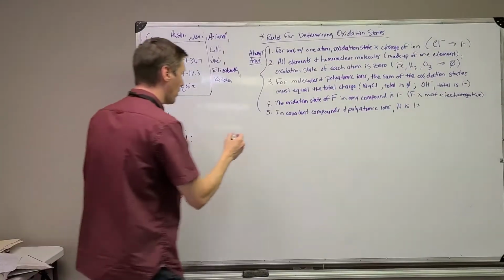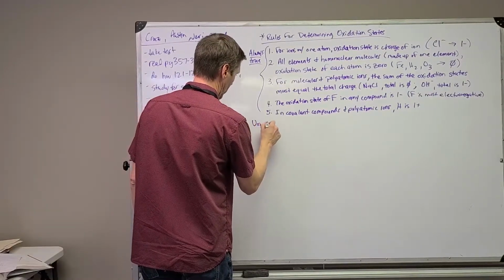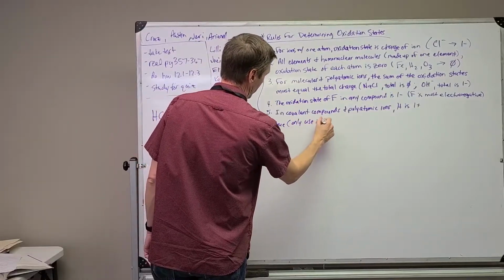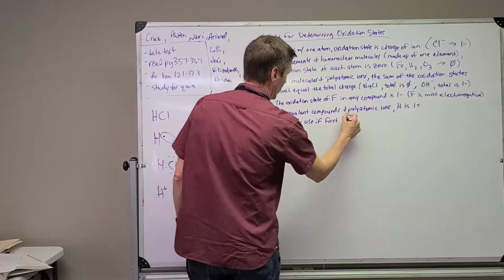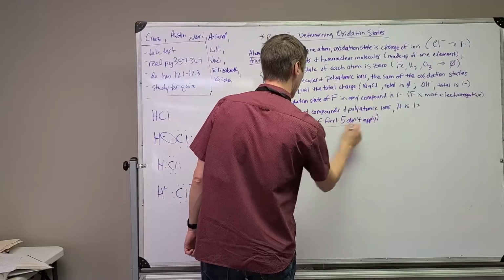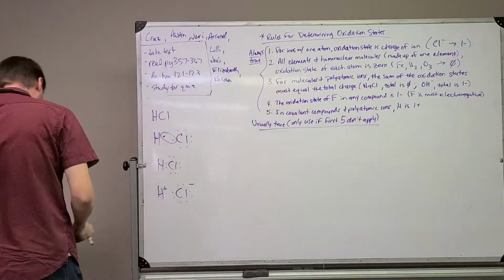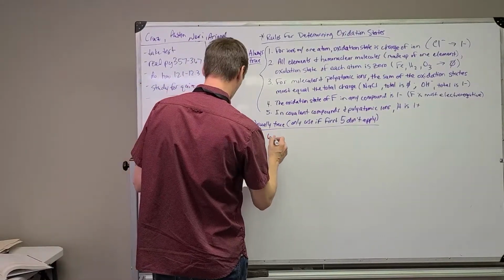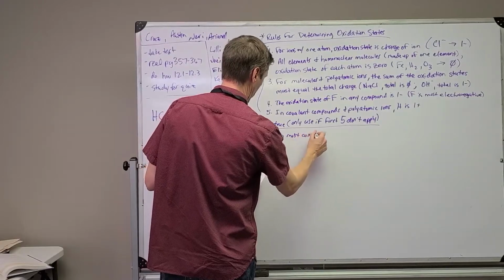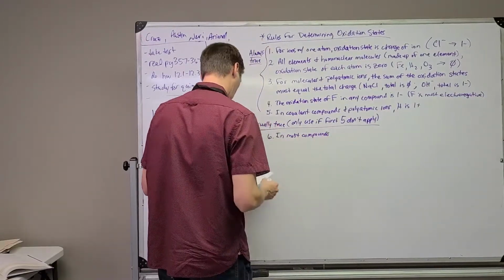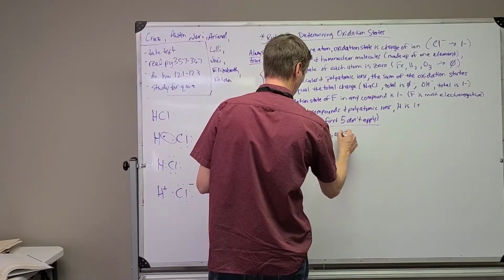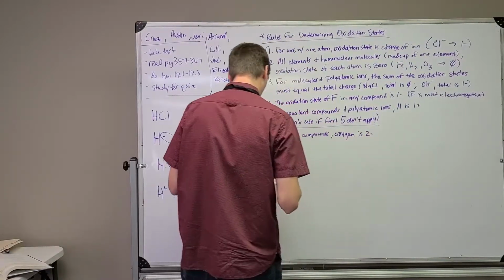All right, now I want to give you 2 more that are usually true. And for these, only use them if the first 5 don't apply. Okay? So these are usually true. Rules 6 and 7: in most compounds, oxygen is 2 negative, that's its oxidation state.